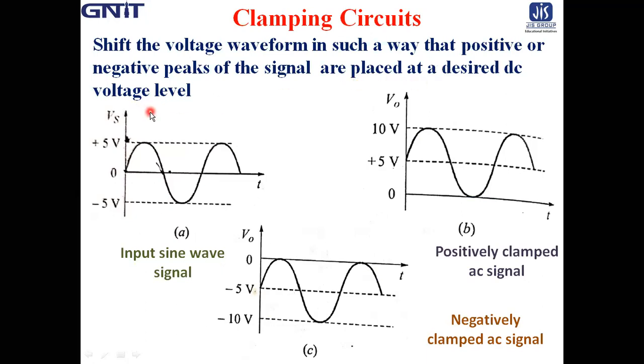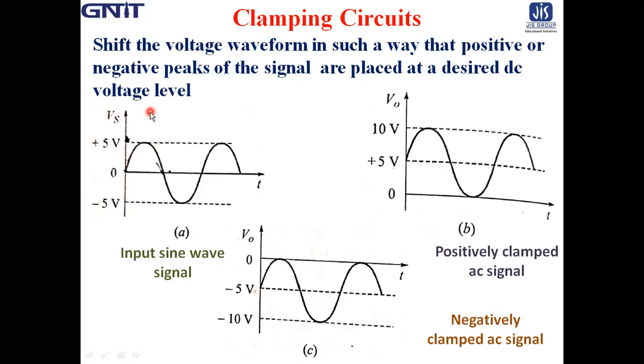Clamping circuits, also called clampers, add or restore a DC component to an AC signal. So these circuits are also known as DC restorers.